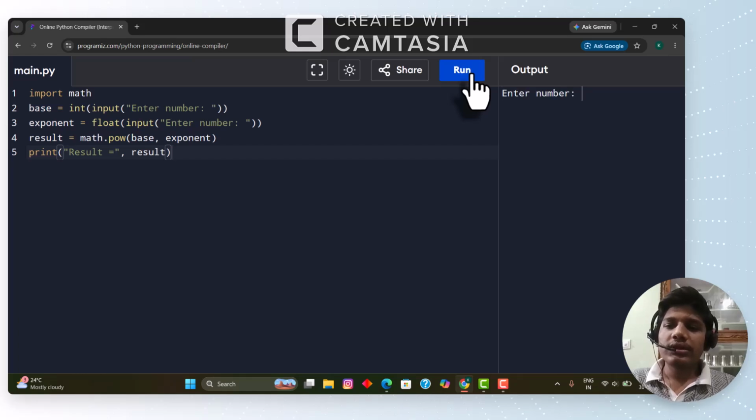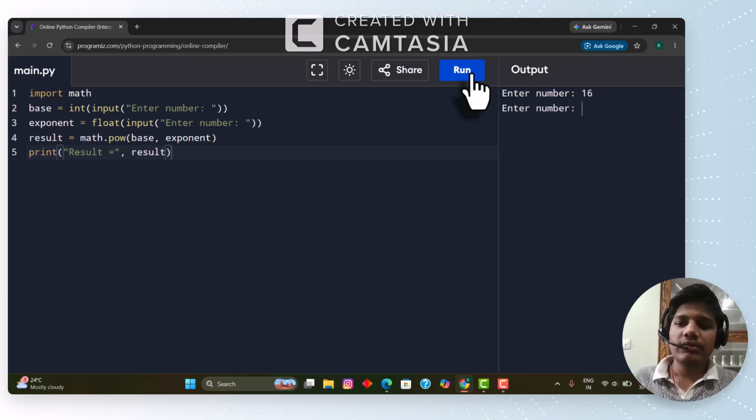So let's do the quarter root. Yeah, we can call it quarter root. 2 power 4 is 16, right? So enter 16. 16 is 2 power 4. When we take the quarter root of 16, we will get 2. Quarter root means 16 power 1 by 4, like how we do for the square root, 16 power 1 by 2.